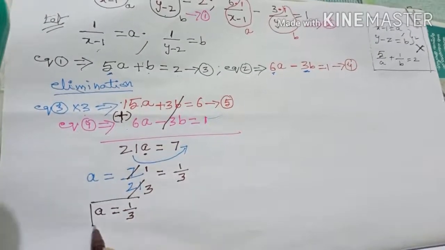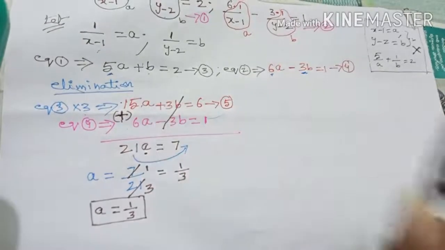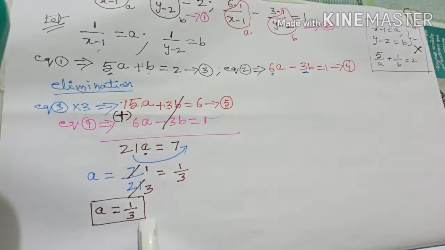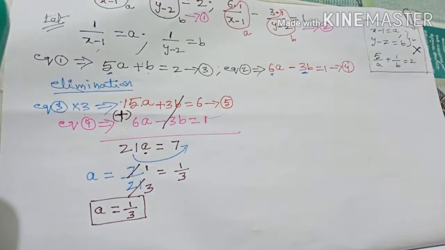Then what do we have to do? We have to find the value of b, isn't it? So for getting the value of b, you have two methods. The first method is to substitute the value of a in equation 3 or in equation 4, then you will get b.